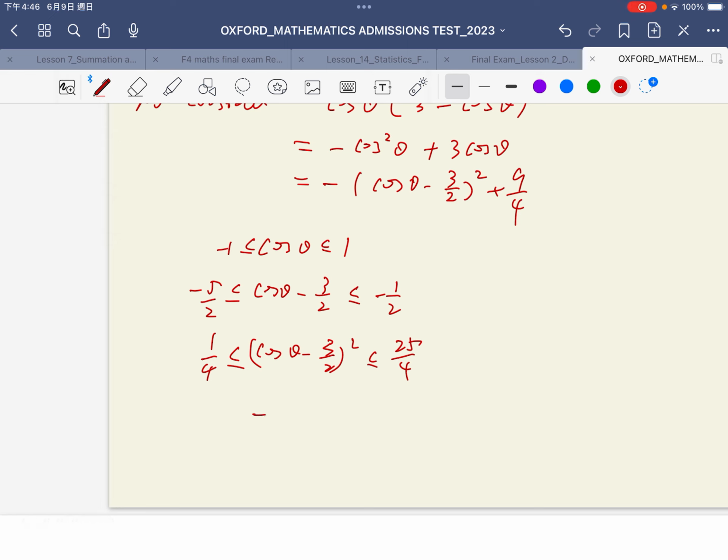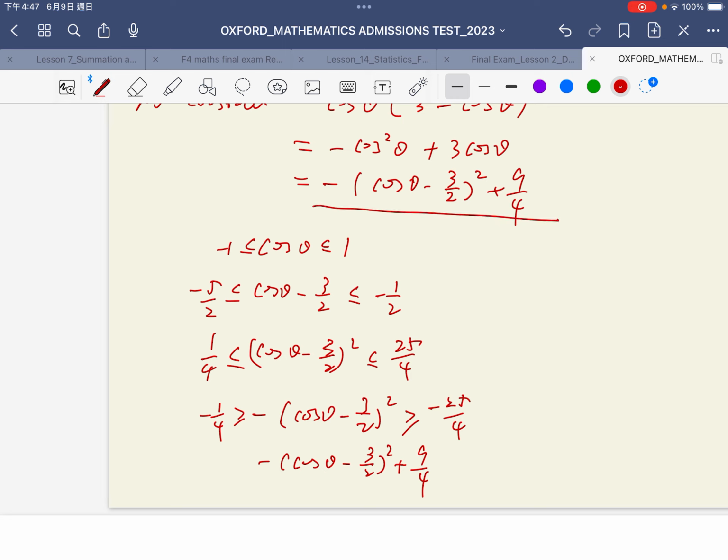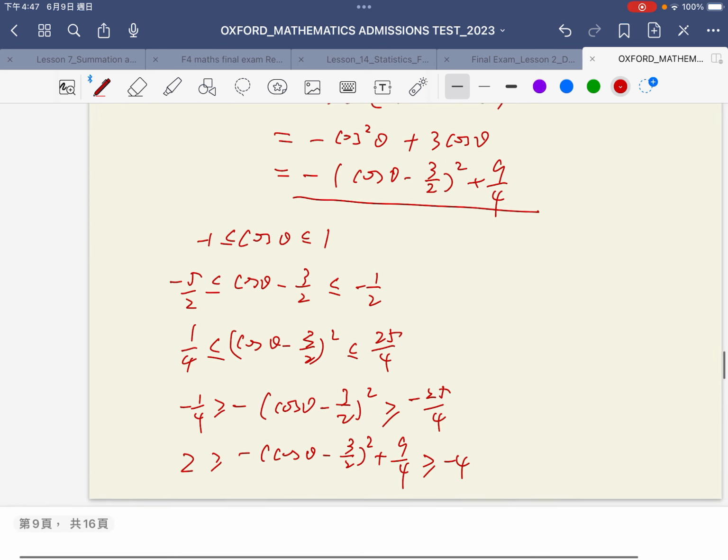Then taking the minus sign changes the inequality sign: the greatest value becomes minus 1 over 4, and then plus 9 over 4 as in the format here. Then the greatest value is equal to 2, and the least value is minus 4.